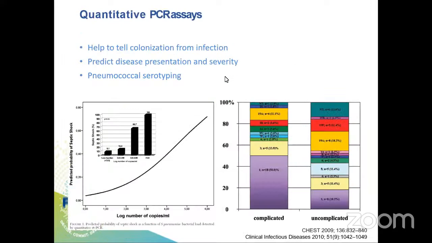Again, what are we trying to look at in this case? It will help to tell colonization from infection, and predict disease presentation, severity of the pneumonia, and serotyping. All this is actually to the advantage of the patient when you're talking about the syndromic approach.